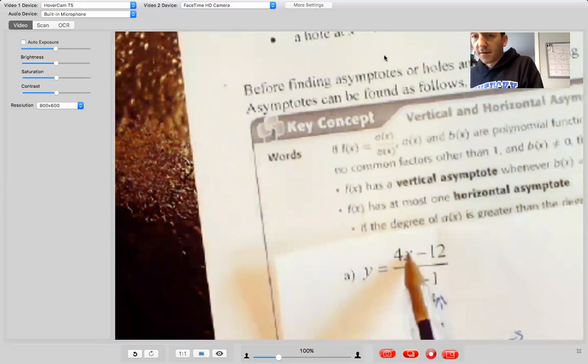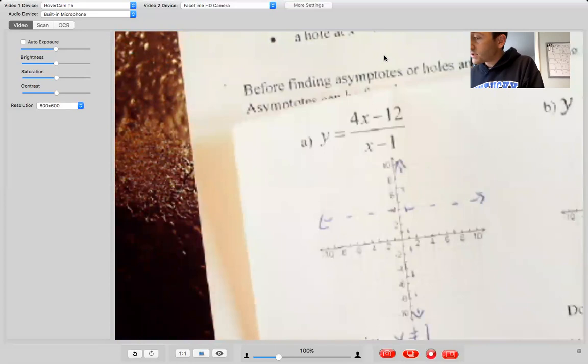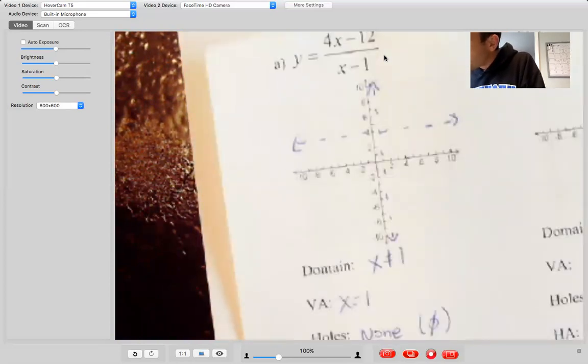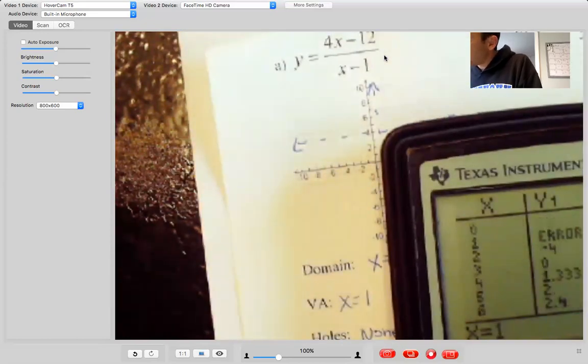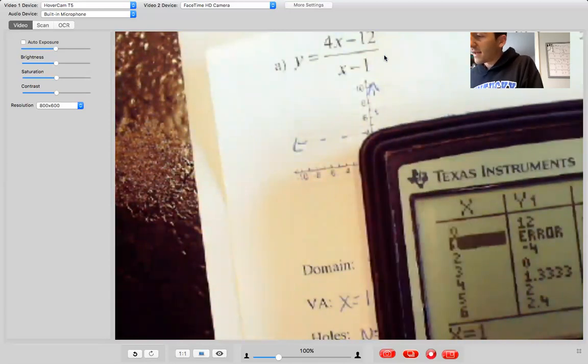So if I plug in 0 there and 0 there, what I would end up with is negative 12 over negative 1, which just equals 12. So it should also pass through 0 comma 12. So we can always come back here and see that that's true. Also, we can see that our asymptote or hole appears to be true. In this case, it's an asymptote.